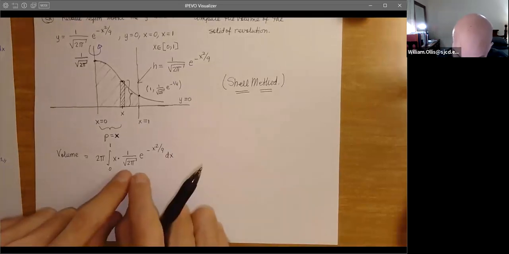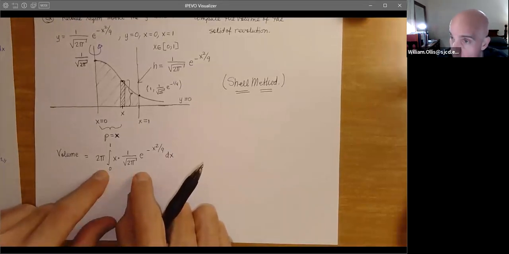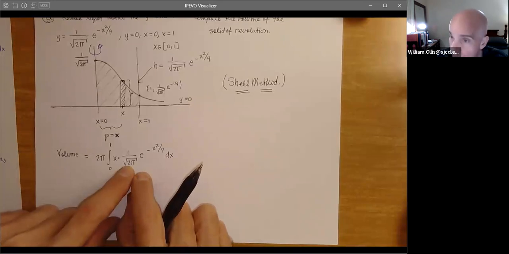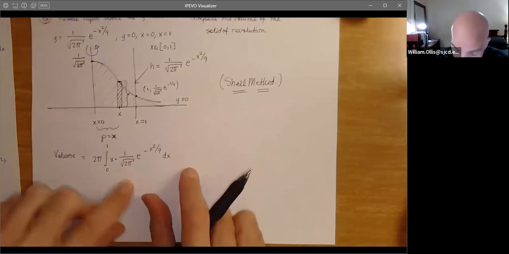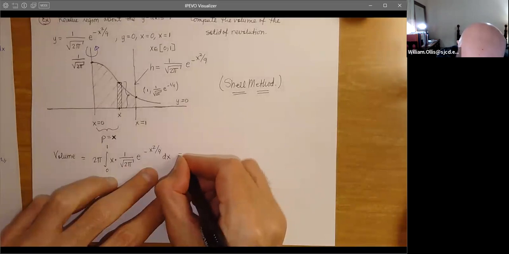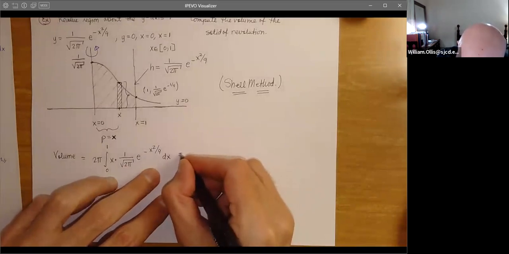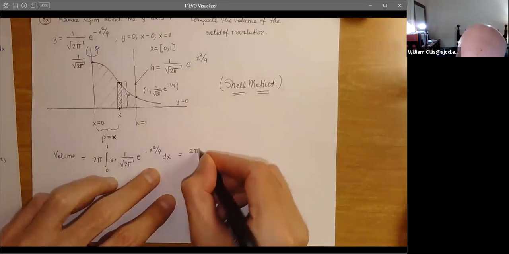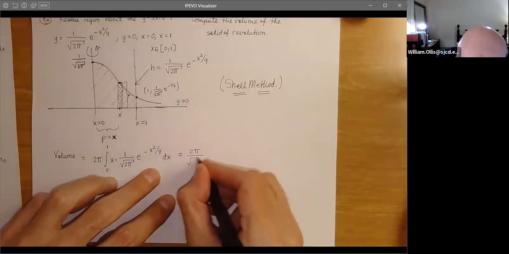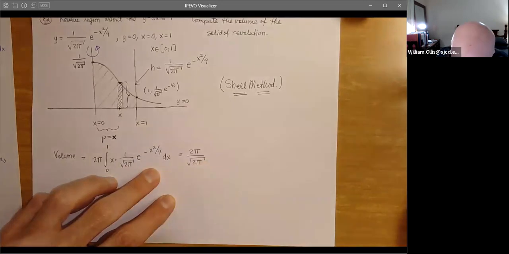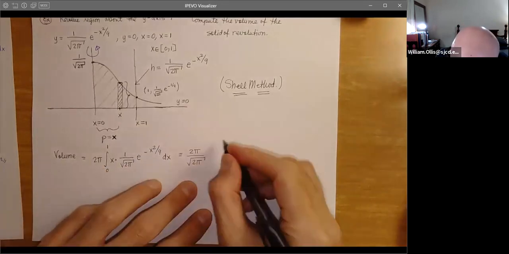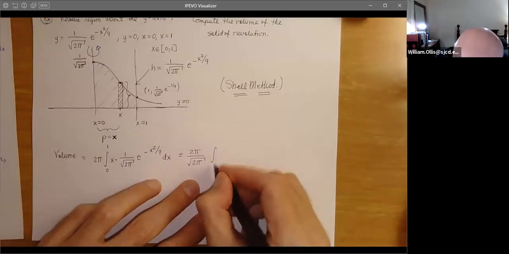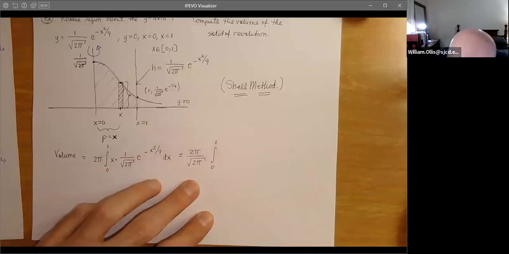So now what we can do, just like we had before, is go ahead and get rid of any factors here that we don't need, to not clutter up the integral, just like you did in your calculus course, calculus 1. So we have 2 pi divided by the square root of 2 pi. And then that's going to leave us with what? We'll go ahead and rearrange this, and then we'll adjust it to make it table ready.